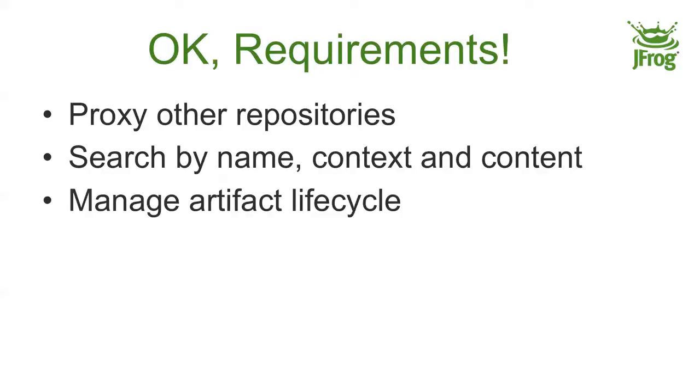The other requirement is managing your entire artifact lifecycle. By lifecycle, I mean all your versions. You've got to be able to know if you are using a really old version of Apache, or there are a couple of new versions out there. You want to be notified that, hey, there are new versions out there that I should be using that have the bug fixes, that have these enhanced features, right?